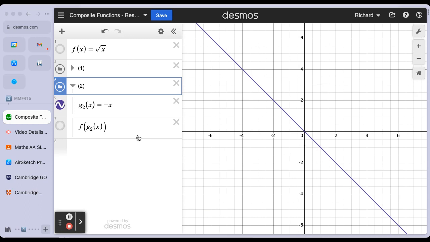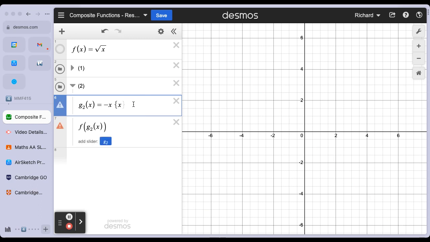So if we restrict the domain, this is how you do it in Desmos, to say x must be less than or equal to 0, then this becomes our new output. Our domain for g is all negative x values and 0. Our range for g is all of these positive values here.